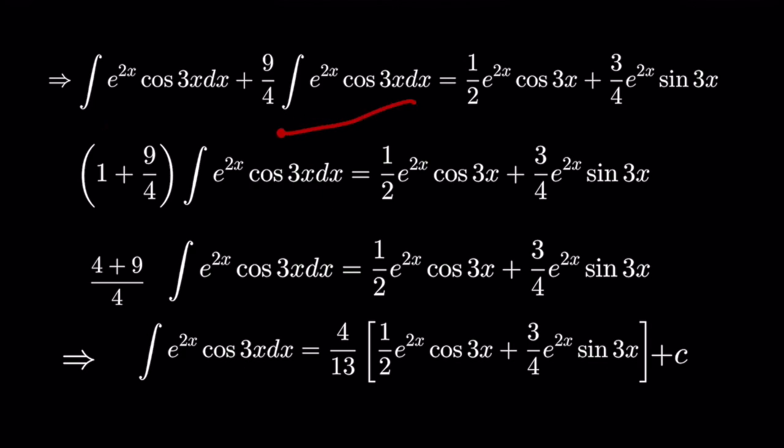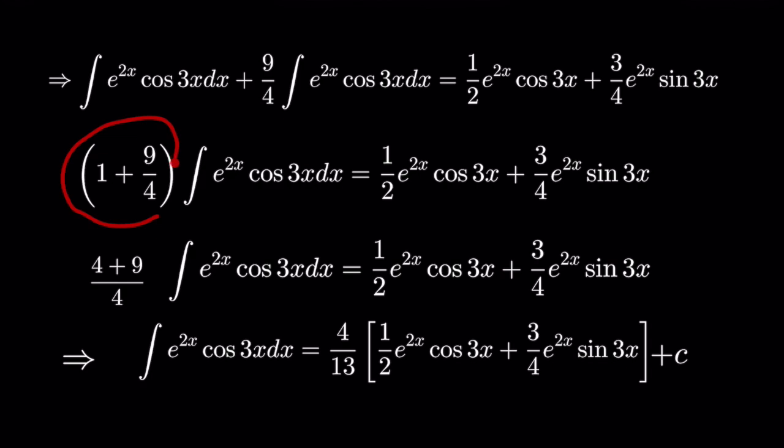Now I'm going to factor this common term in both these functions. So if you factor out the integral of e to the 2x cosine 3x, you had a 1 here, you had a 9/4 there. So you're going to have 1 plus 9/4 multiplied by this integral that we are looking for. And that's equal to this function.